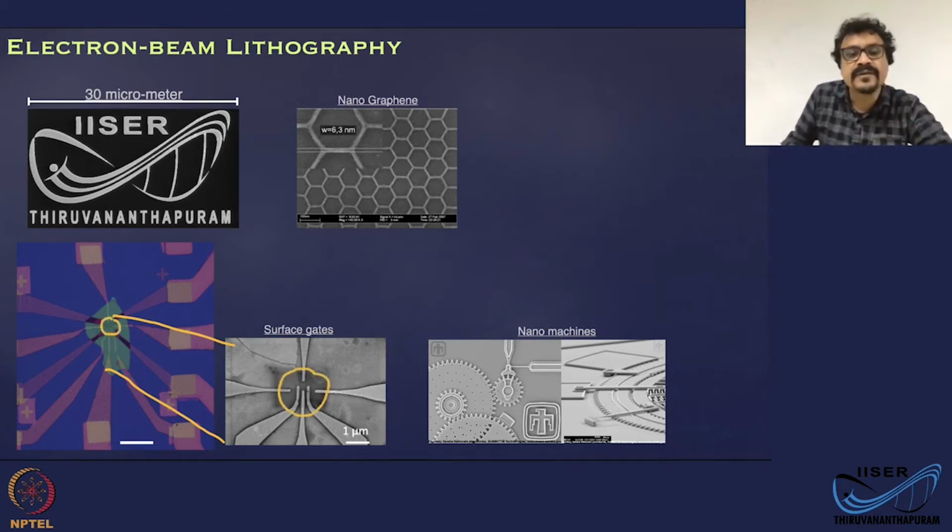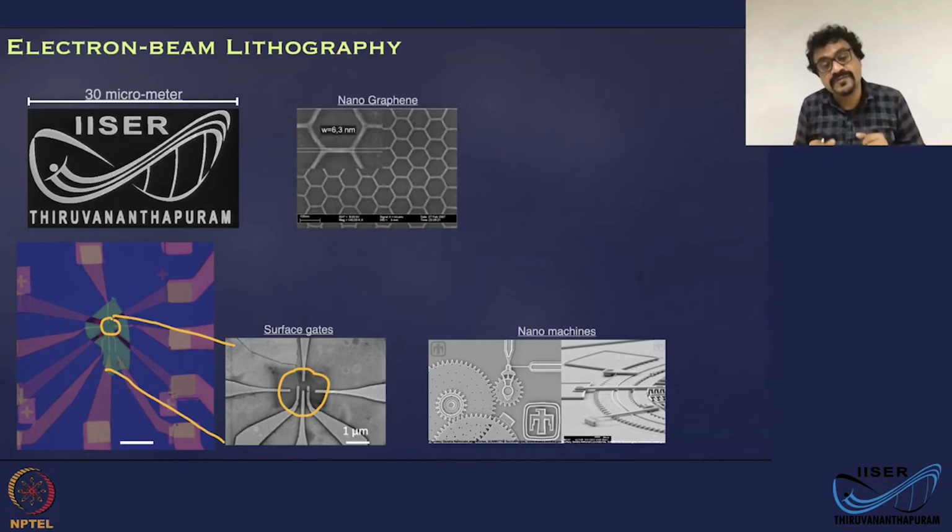Okay. So what you do here is you write the larger structure with photolithography and the smaller structure with electron beam lithography. So there are two lithography stages. You finish the first lithography, do the metallization, then take the sample and repeat the process but using electron beam lithography.